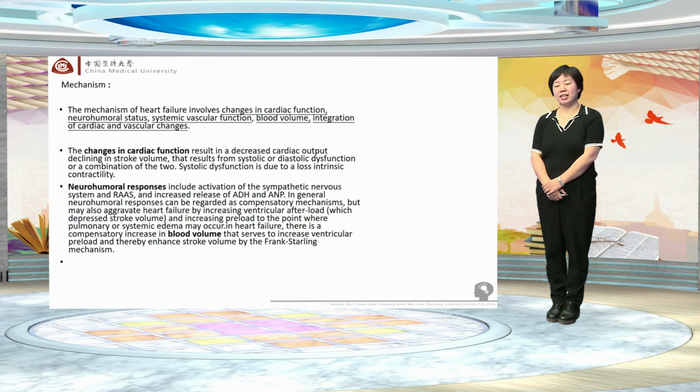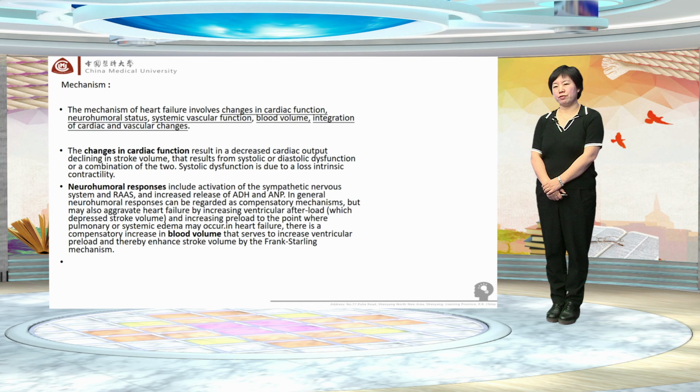Next, let's talk about the mechanism of heart failure. The mechanism of heart failure involves changes in cardiac function, neurohumoral system problems, systemic vascular function changes, blood volume changes, and integration of cardiac and vascular changes.